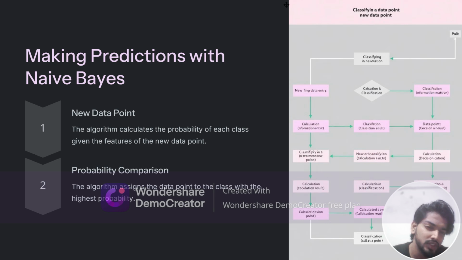These are the concepts of making predictions with naive Bayes.